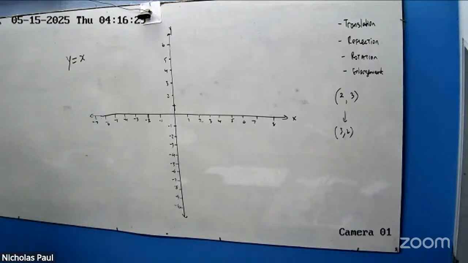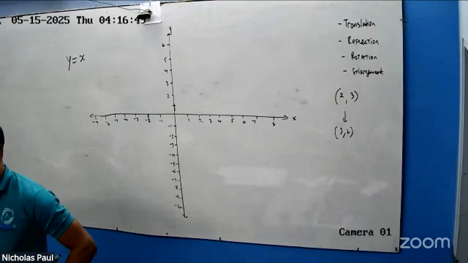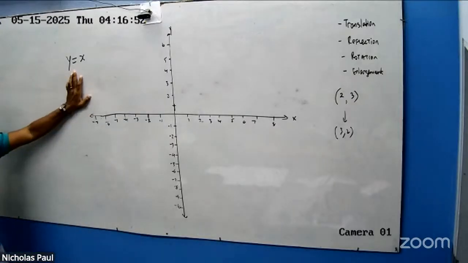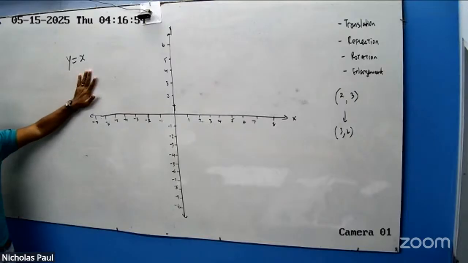Anybody? You don't know? How do I draw the line y is equal to x? What does that line look like? What does this line say? Y equals x.